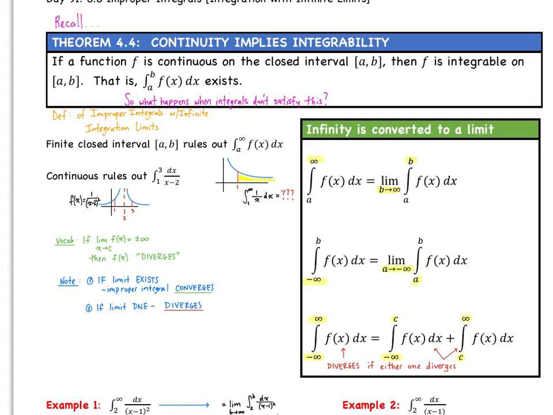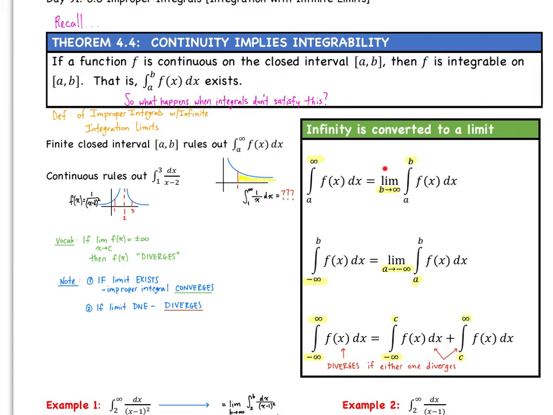Before we keep going, remind yourself that if the limit as x approaches c of f of x equals plus or minus infinity, we would call that diverging. We would say f of x diverges.